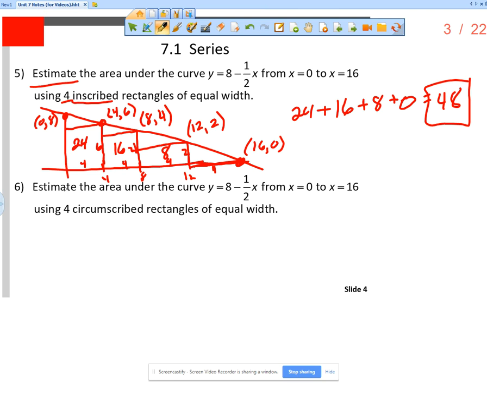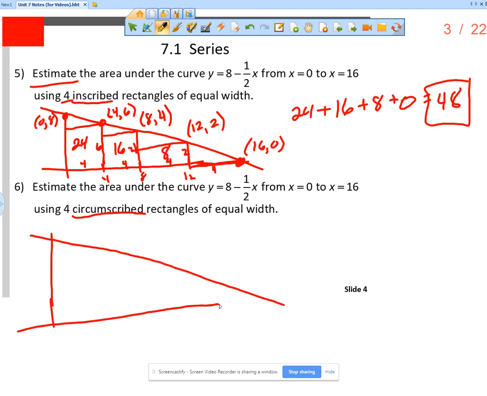Number 6 says estimate the area under the curve, y equals 8 minus 1/2 x from 0 to 16 using 4 circumscribed rectangles. Same graph, but now a circumscribed rectangle. What does that mean? Well, that means the rectangle is drawn to the outside of the shape. So this is 16.